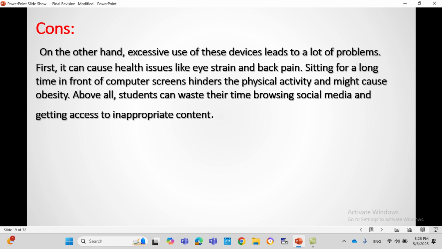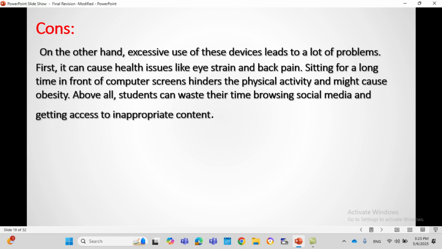First, it can cause health issues like eye strain and back pain. And here he clarifies what he means. Sitting for a long time in front of computer screens hinders physical activity and might cause obesity. Obesity means being fat or overweight.